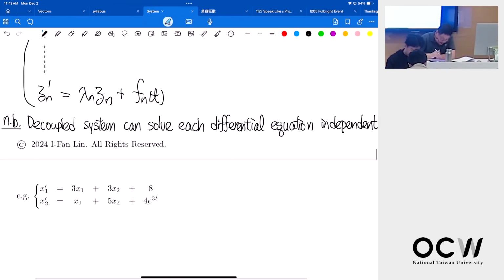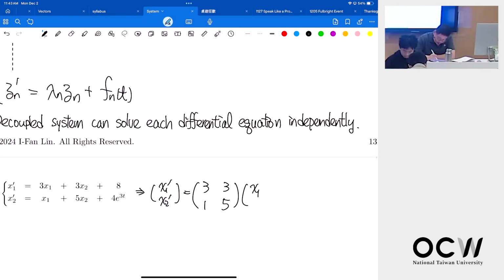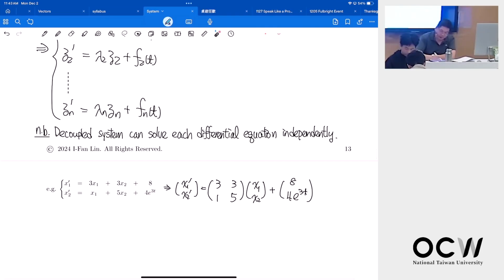If I write it down in matrix form, x1 prime, x2 prime equals [3, 1; 3, 5] times x1, x2 plus [8, 4] times e to the 3t. Okay, this is the matrix form. And here we have A, and this is g.